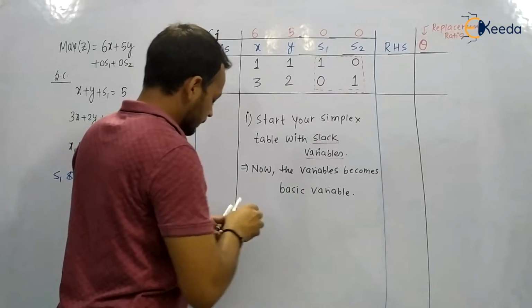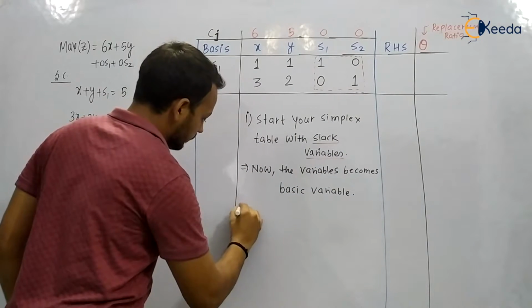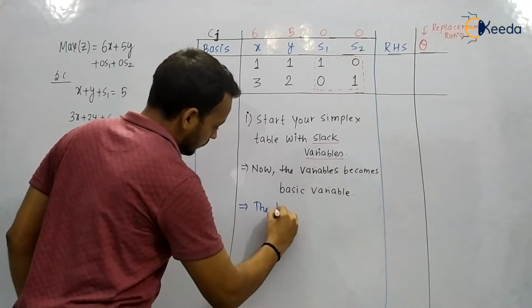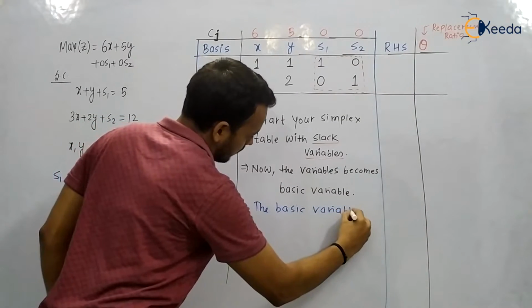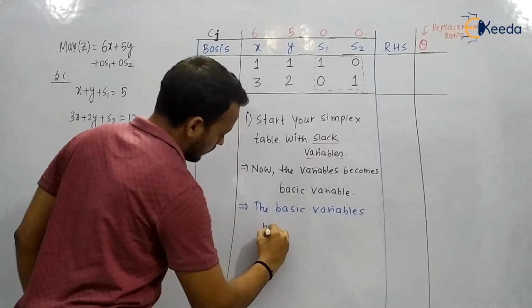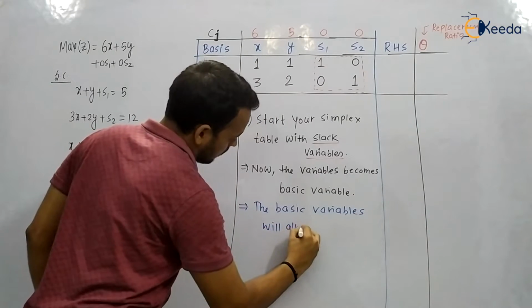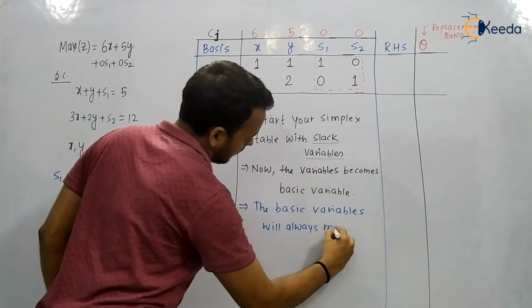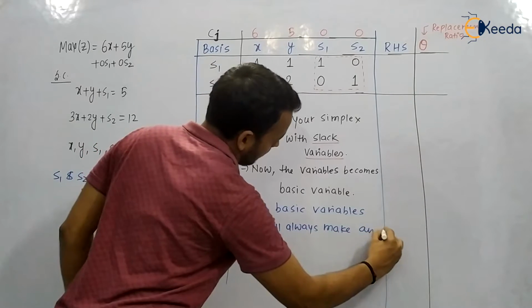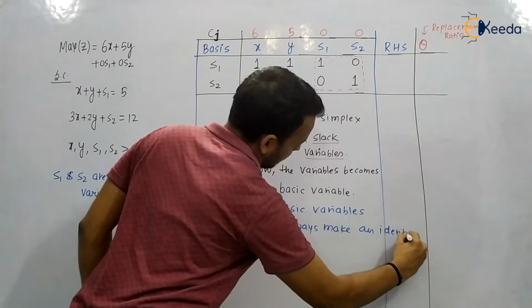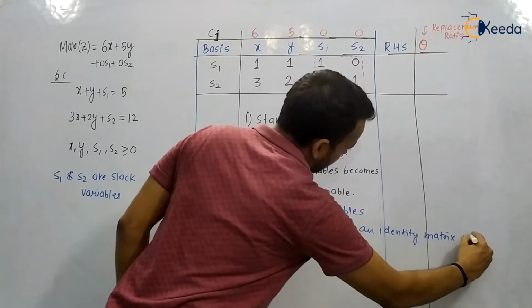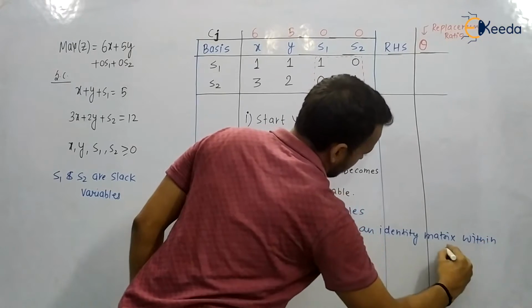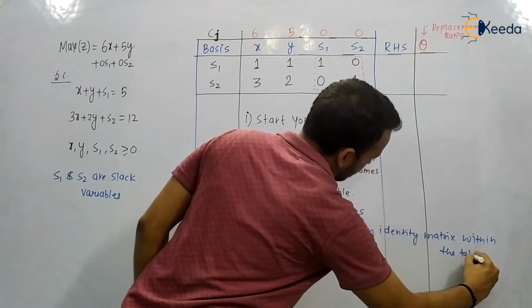So the basic variables will always make an identity matrix within the simplex table.